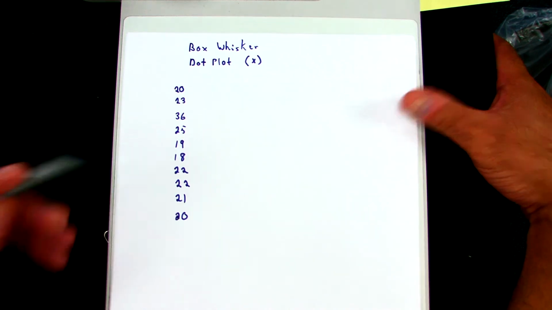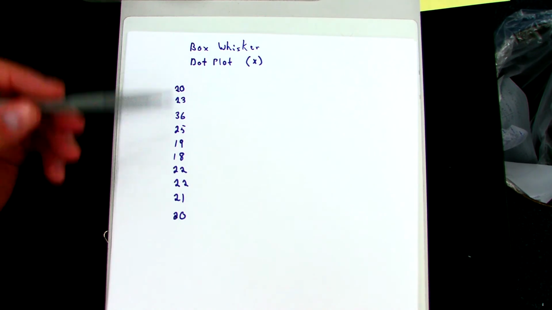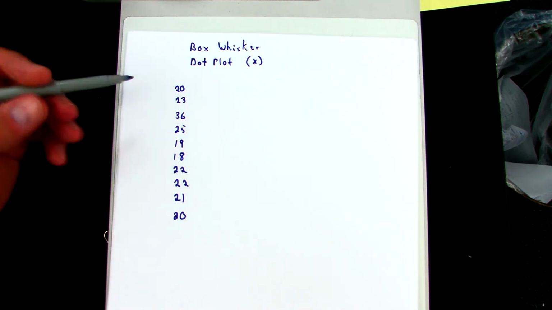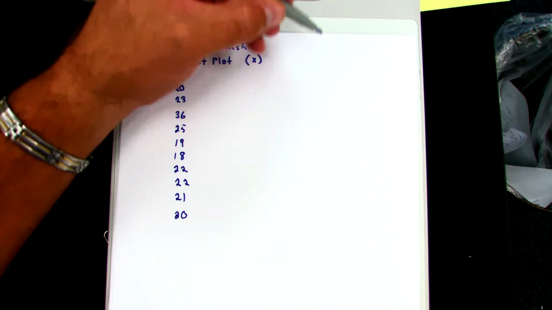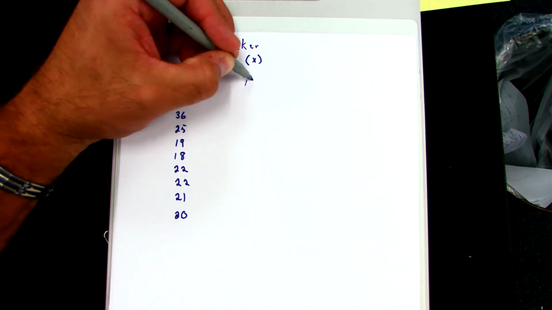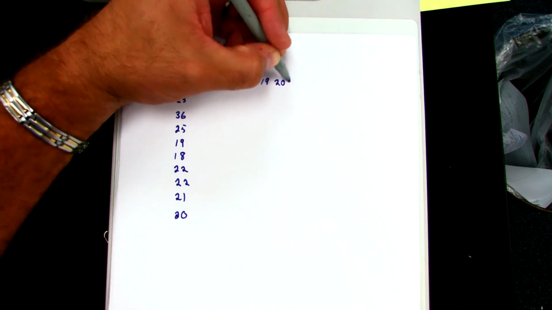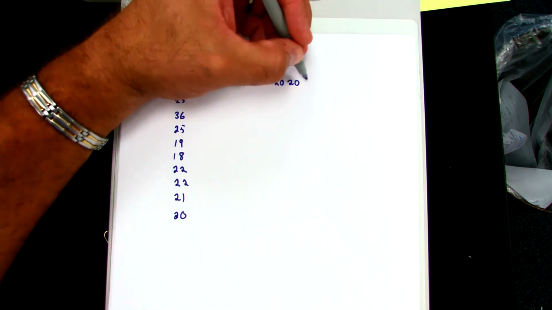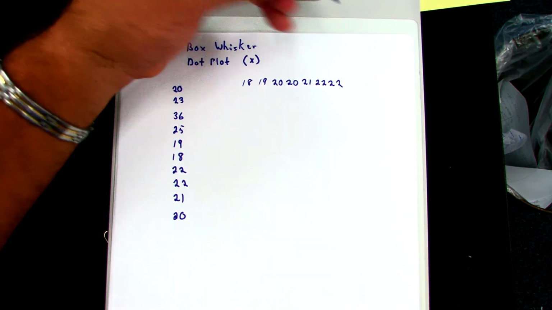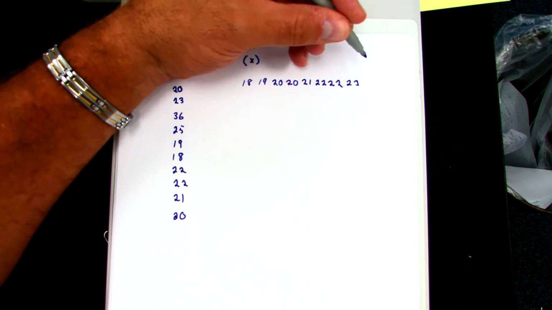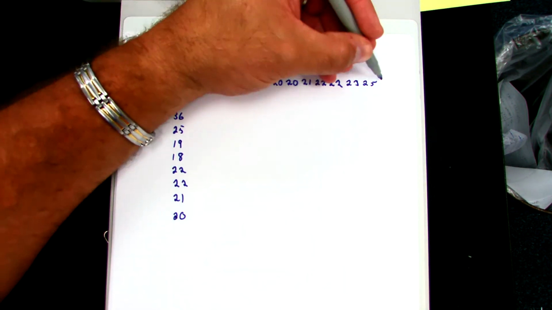Okay, so whenever they give you a range of information, the first thing you want to always do is take those numbers and put them in order. Okay, hopefully you know what order I'm talking about, so I'd list them. So I've got 18, 19, 20, 20, 21, 22, 22, 23, 25, and 36.